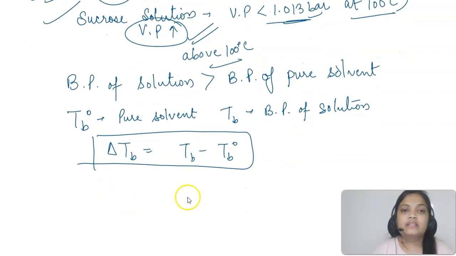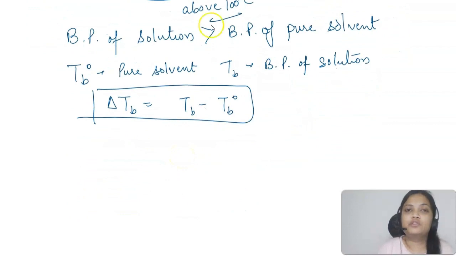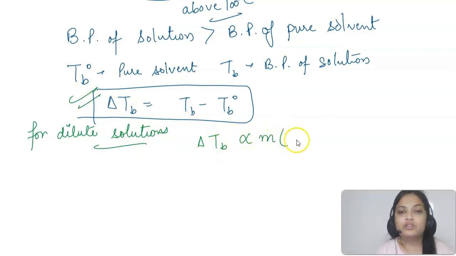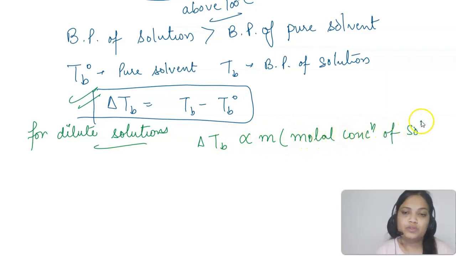Now for dilute solutions, this is experimentally determined. Don't go into detail about where this came from. For dilute solutions, delta TB, the elevation in boiling point, is directly proportional to the molality, the molar concentration of solute.